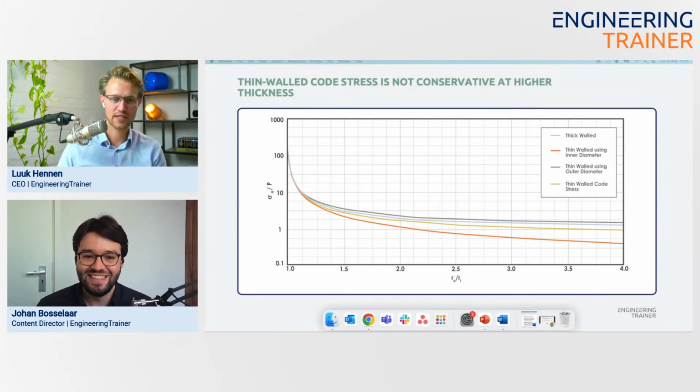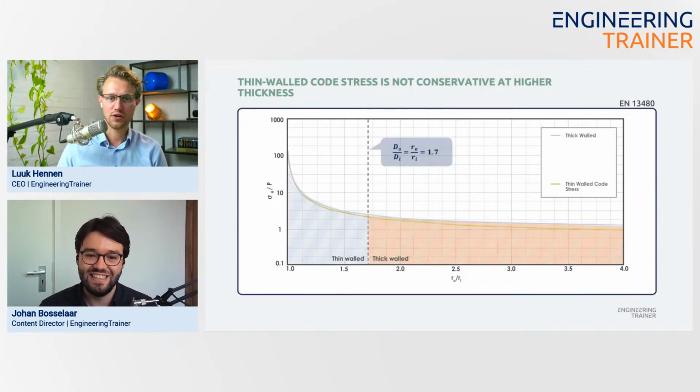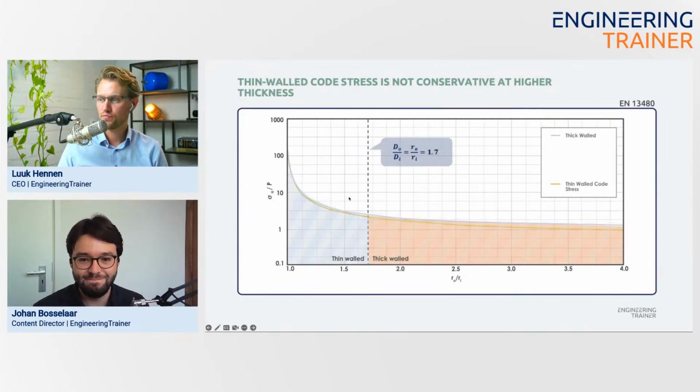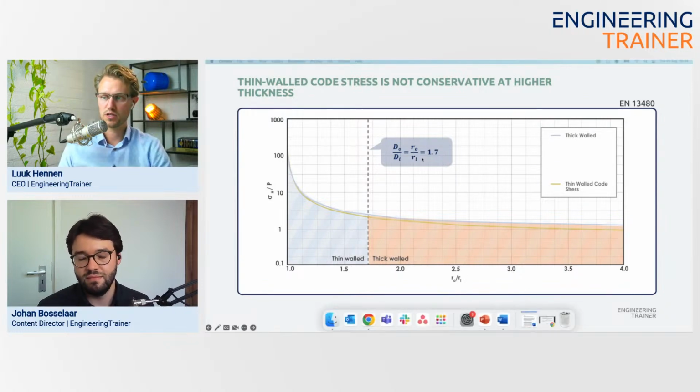So let's have a look at the different codes. First of all, EN 13480. They basically say D outside over D inner, which is the same as the ratio of the radii that we have plotted on the horizontal axis here, is 1.7. They say that is the point where one switches to the next.